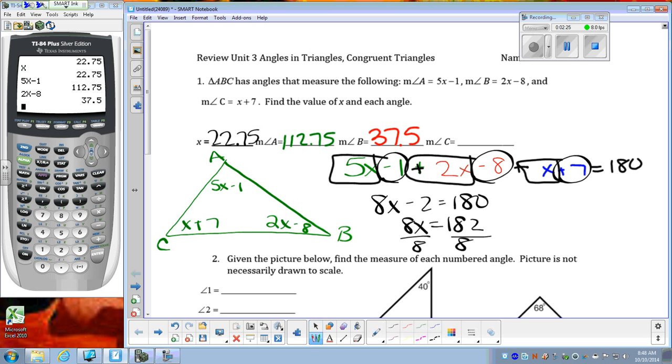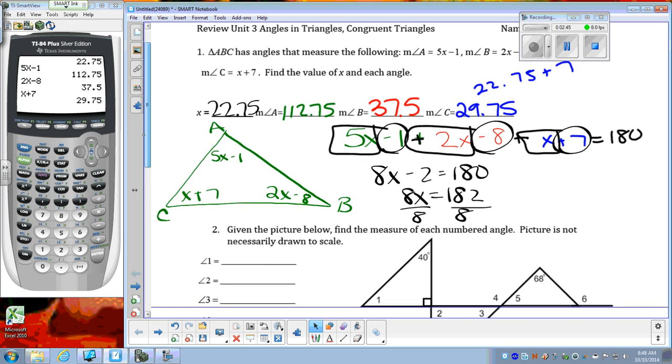And C is x plus 7 to give us 29.75. Or I can plug it in and actually do it by hand. But using your calculator will help you, so use whatever help you can find.